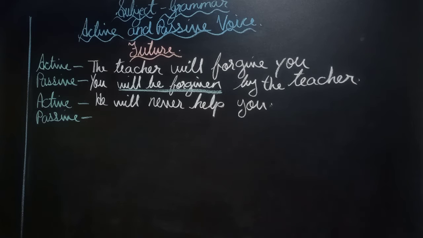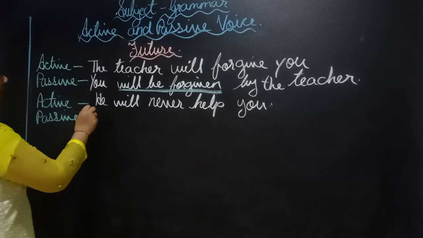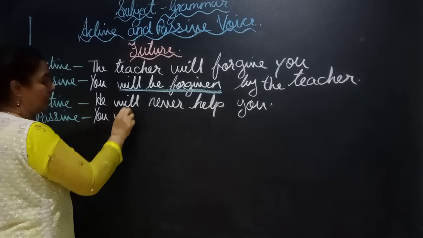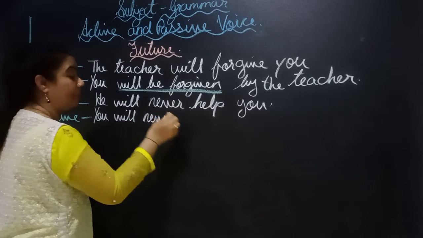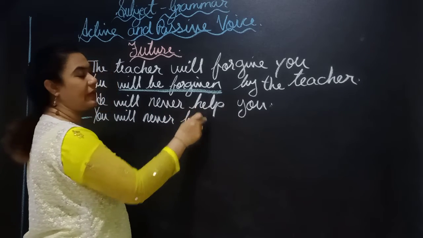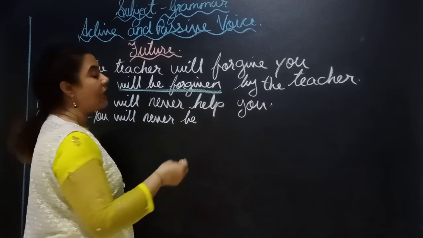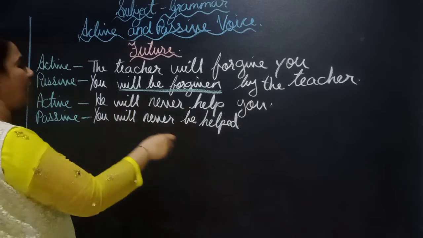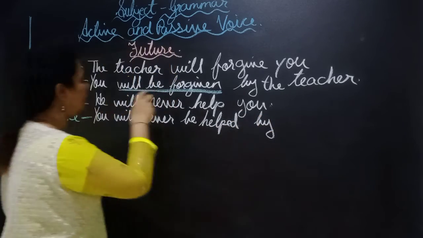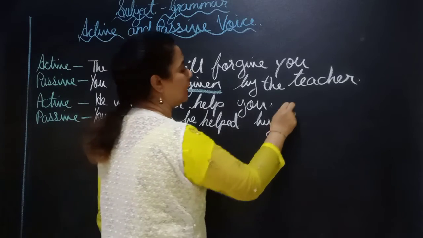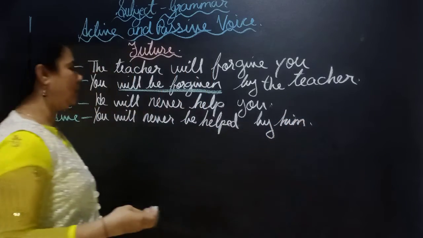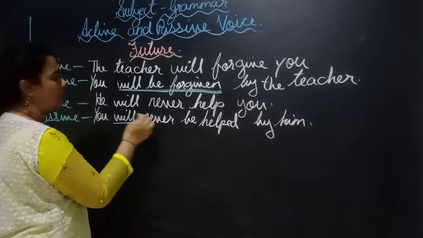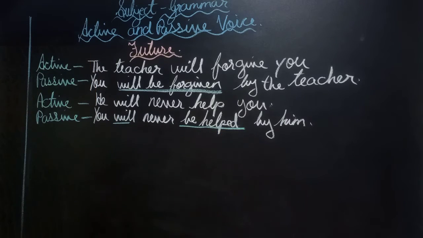So here you are going to write it as: you will never be helped by him. The past participle of help will be helped. He will become him. Alright, so here you can see you have added will plus be plus the past participle of the verb help. Now, next one.